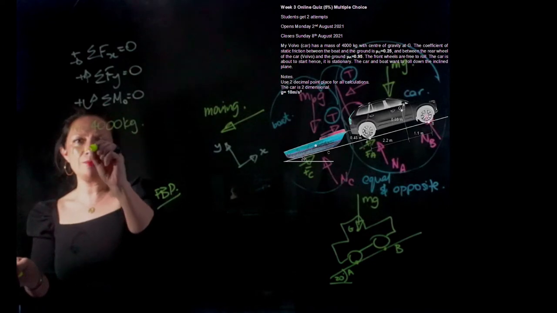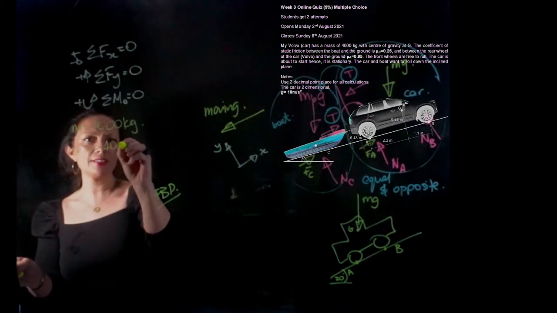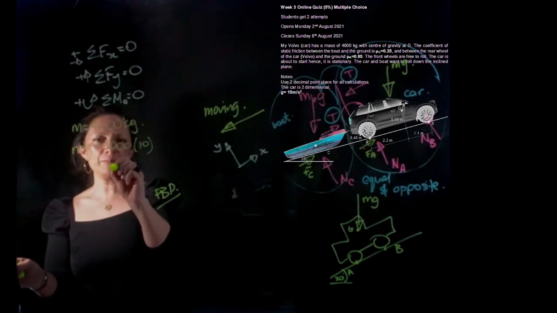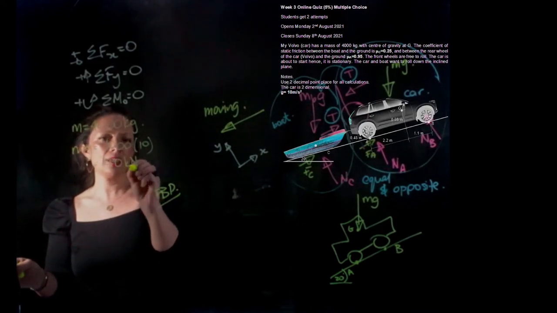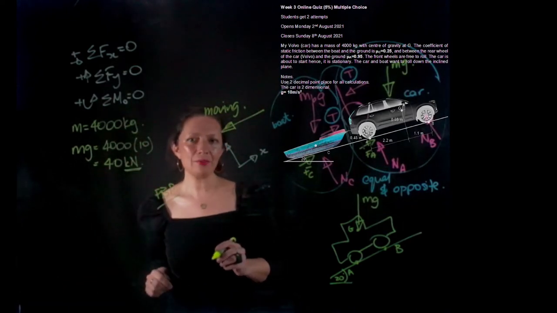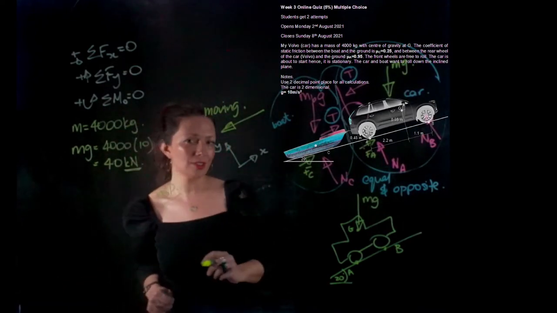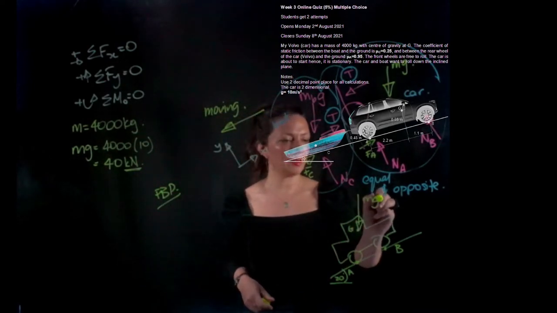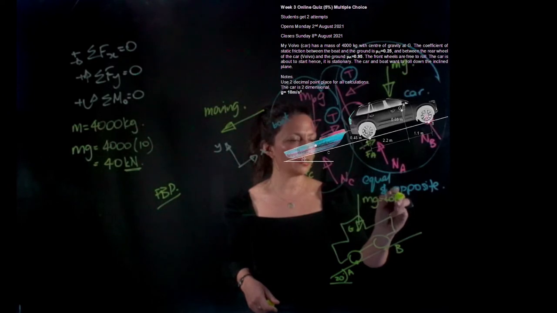So mg equals 4,000 times 10, which is 40 kilonewtons. To keep these problems simpler, I'm going to keep everything in kilonewtons. So mg is 40 kilonewtons.